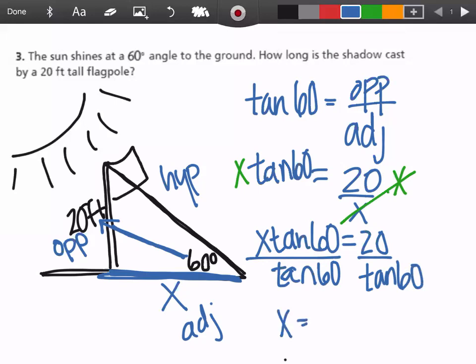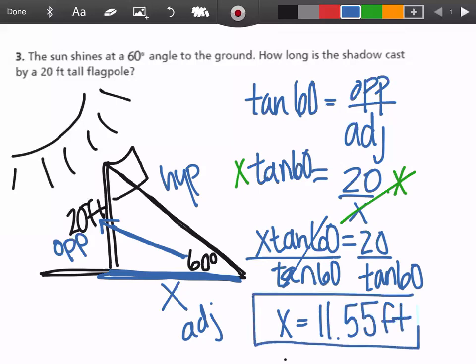So now we eliminate the tangent of 60 as X is equal to 20 divided by tangent of 60, which should give you 11.55 feet.